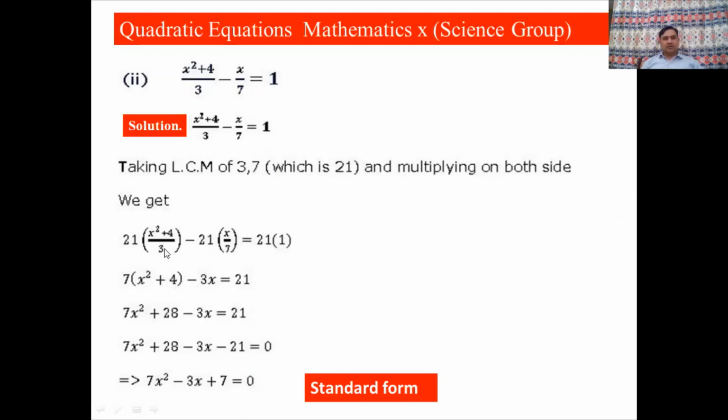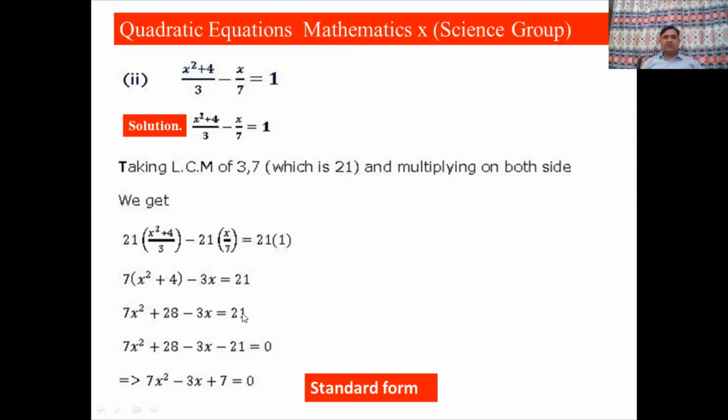When we simplify this, 3 goes 7 times into 21, and 7 goes 3 times into 21. So here is 7 and here is 3. We have to multiply x square plus 4 with 7 and x with 3 is equal to 21. So 7x square, 7 times 4 is 28, minus 3x is equal to 21.